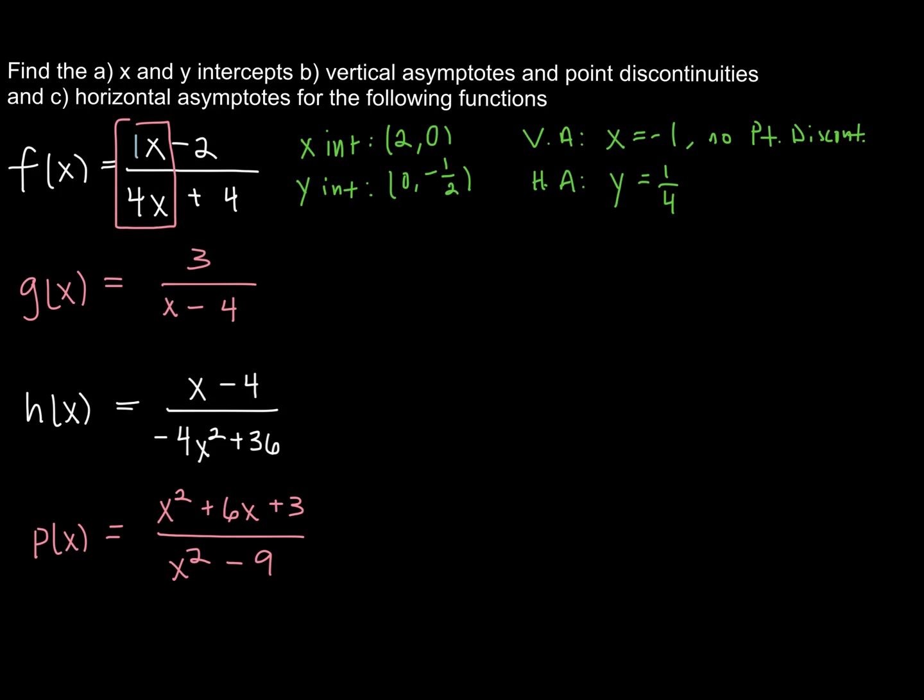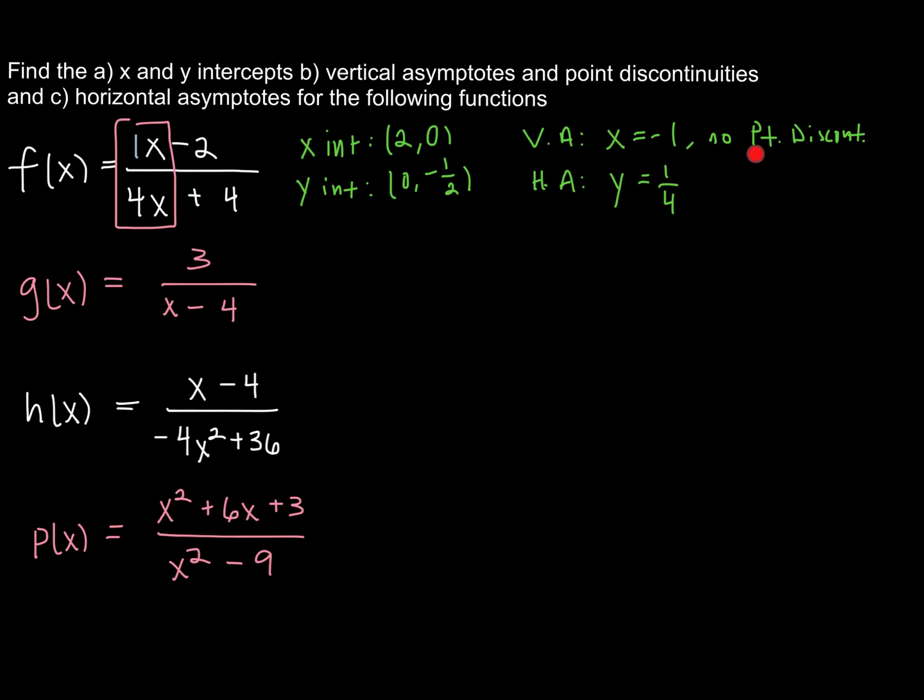All right, so let's take a look at f of x here. Pretty straightforward. X-intercept is the point (2, 0), because when x is 2, that makes my numerator 0. The y-intercept, meaning when x is 0, gives me a y value of -1/2. The vertical asymptote is the line x equals -1, because that will make the denominator equal to 0.